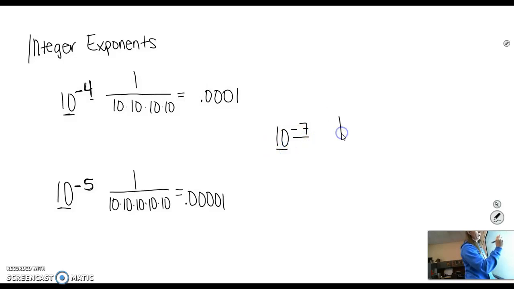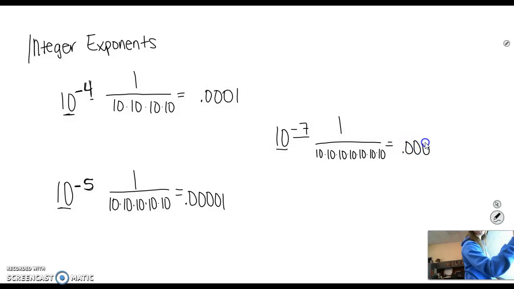That would be 1 over 1, 2, 3, 4, 5, 6, 7, which translates into 7 place values behind the decimal. 1, 2, 3, 4, 5, 6, 7.